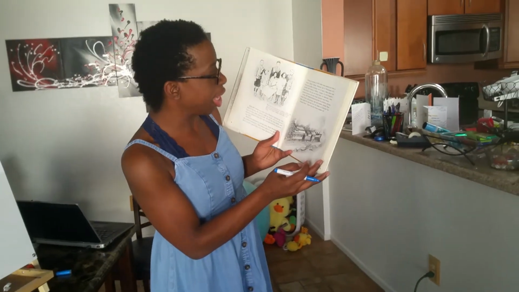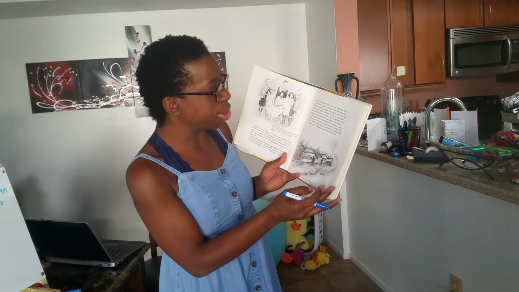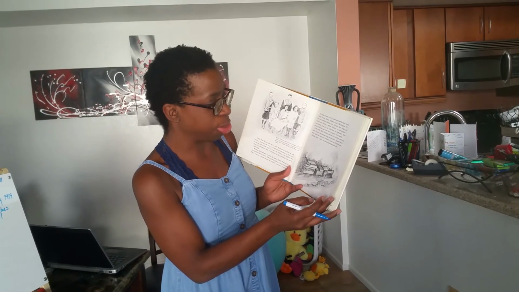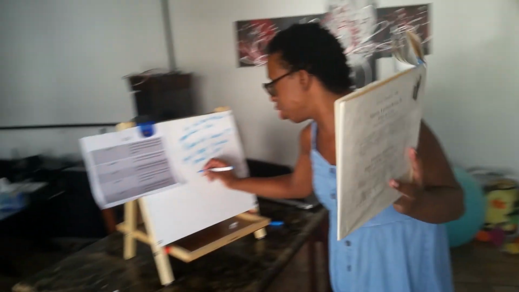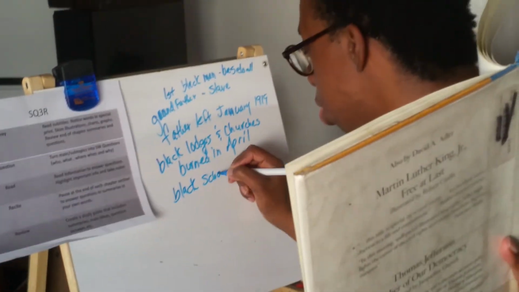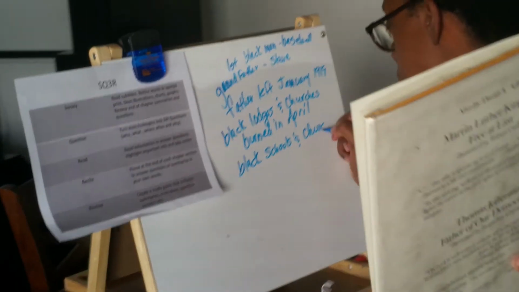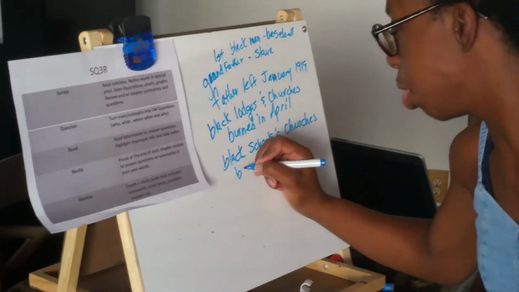A mob dragged a black prisoner from jail and killed him. In September, black schools in Georgia and more black churches were burned. So let's write that down too. Black schools and churches burned.